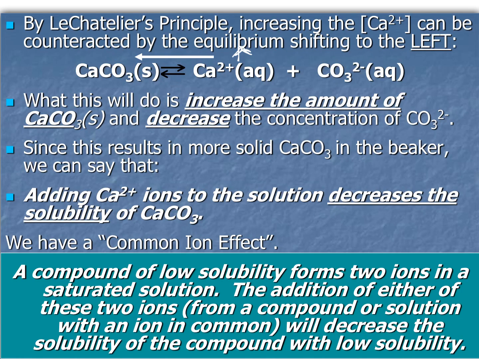So a compound of low solubility forms two ions in a saturated solution. The addition of either of these two ions from a compound or a solution with an ion in common will decrease the solubility of the compound originally considered to have a low solubility, whatever our solid was.